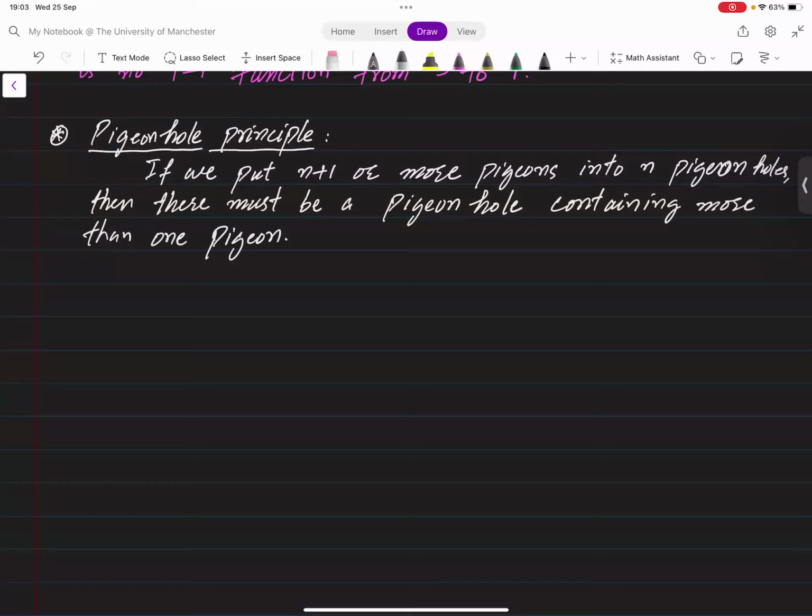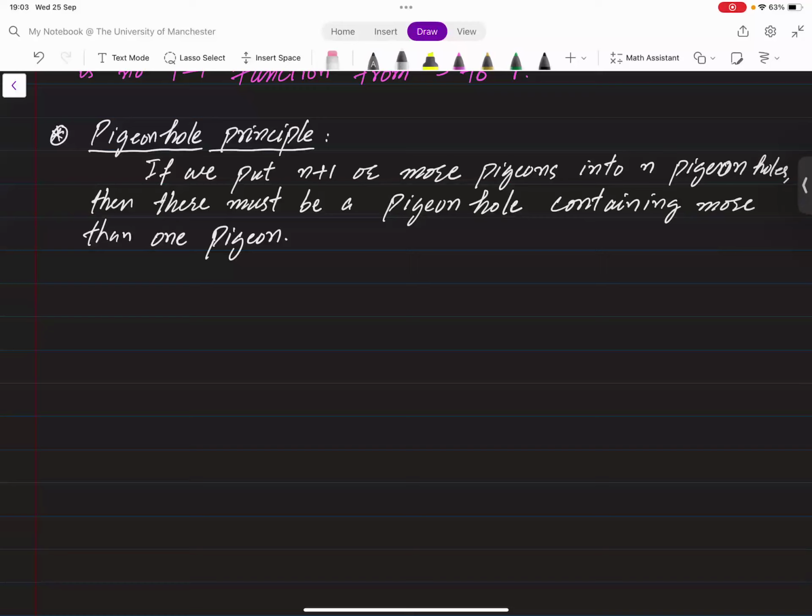As a very simple example, in any group of 13 or more people, at least 2 must have their birthday in the same month. So here the people are the pigeons, and the 12 months are the pigeonholes.